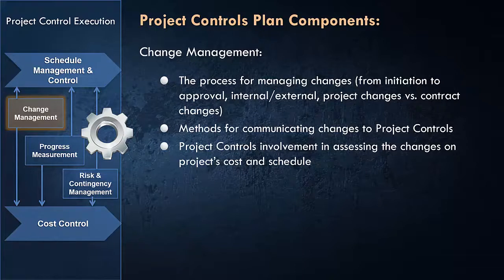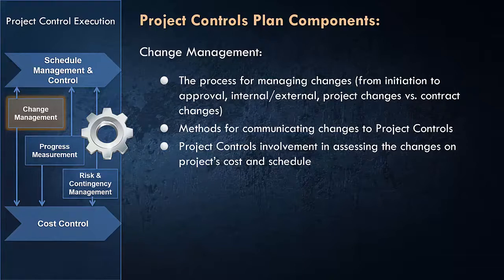Sometimes we do a very good job in assessing the overall change on different elements of it when it comes to the changes on the scope and also the associated cost on it, but sometimes we don't do a good job on assessing the impact of the change on the schedule.